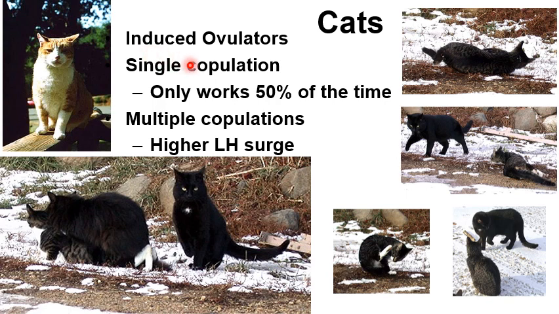Cats with a single copulation will only have 50% chance to ovulate, whereas when there is a multiple copulation, it will have a higher LH surge and higher chance of ovulation. So therefore, in cats, ovulation is strongly dependent on the number of matings in a short period of time. It will also be dependent on the timing of mating.